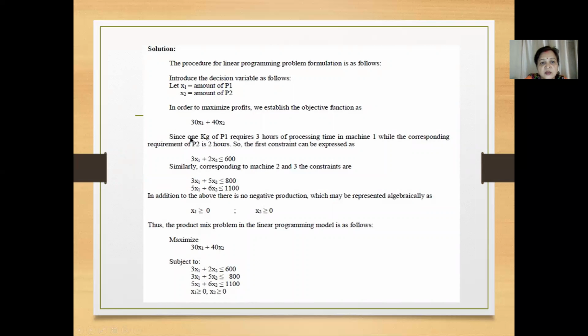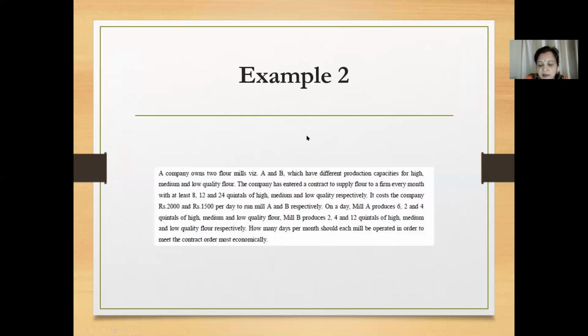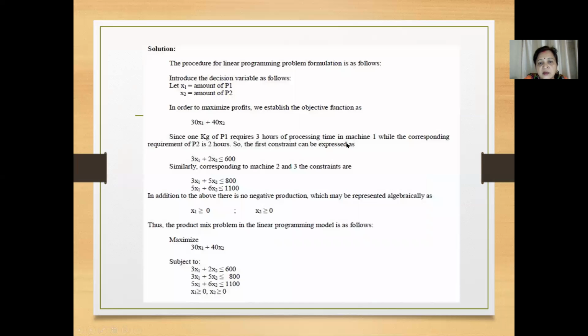And since 1 kilogram of product P1 requires 3 hours of processing time on the first machine, while the corresponding requirement of the second product is 2 hours, the first constraint can be expressed.